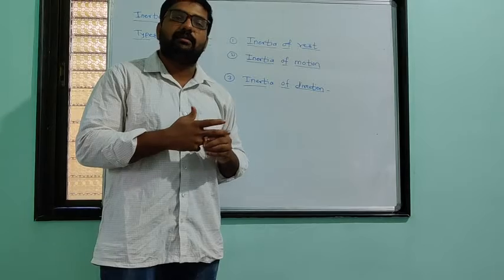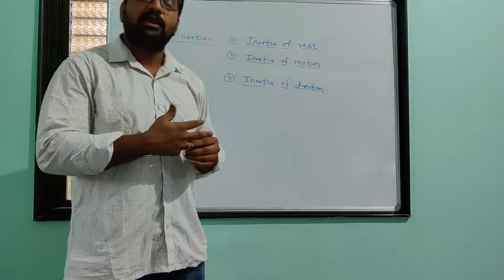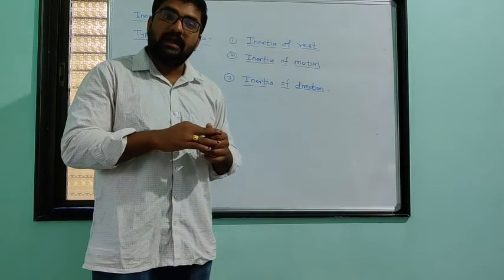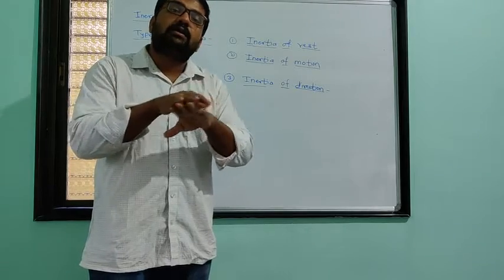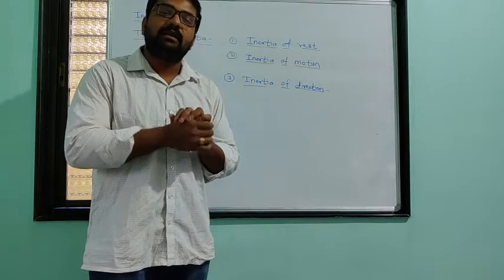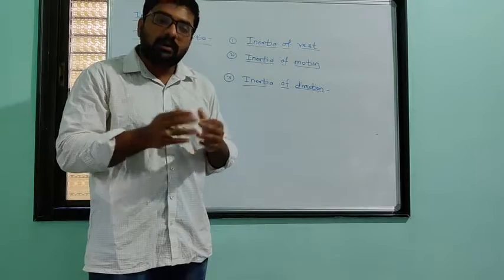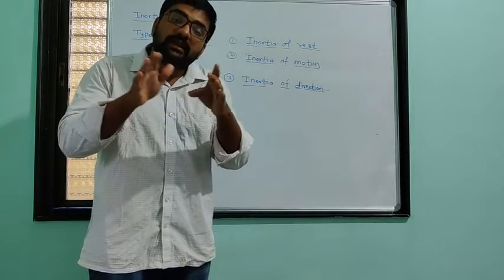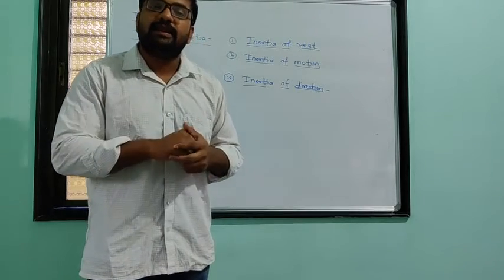Now consider one example. If we are sitting in a bus, initially when the bus starts, at that time the bus and our body are both in a steady state. Now as the bus starts moving, the bus is moving, but our body, initially in a steady state, tries to remain in its steady state.